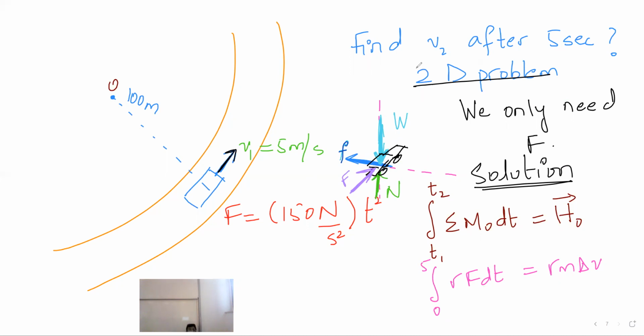So from the top, I'm looking. And when I'm looking from the top, I look at the friction that is responsible for keeping this fellow in a circular path, let's say, along with the normal acceleration. I look at this V1.